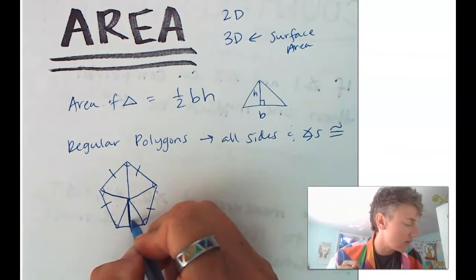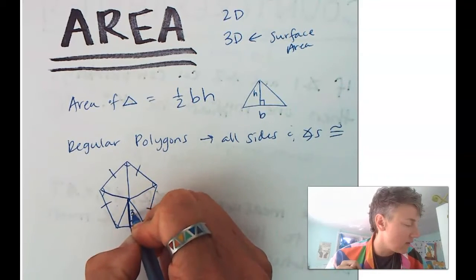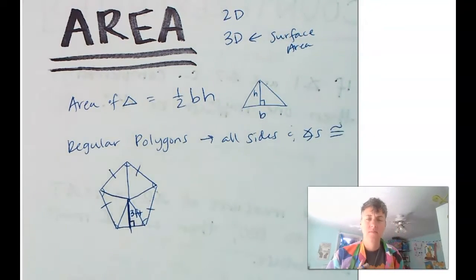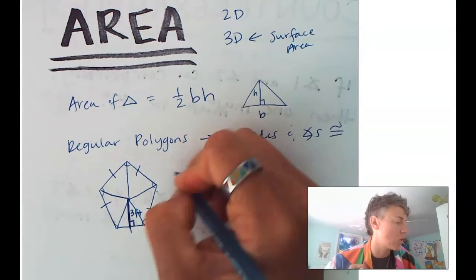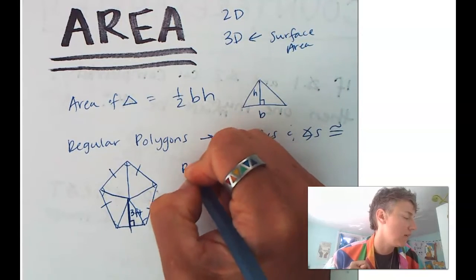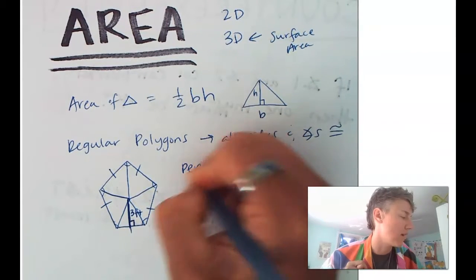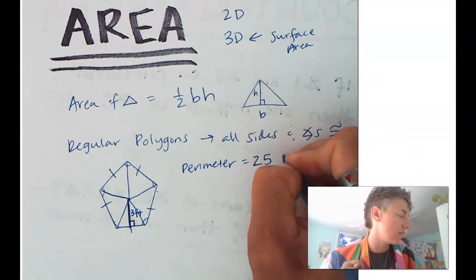Let's say this height is 3 feet. And then let's say we know that the perimeter of the pentagon, the around measure, is 25 feet.